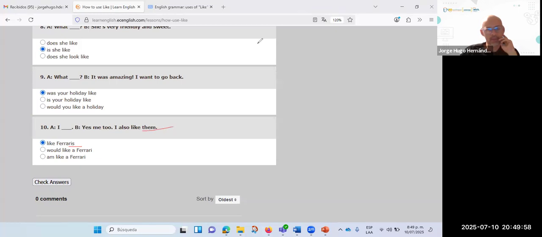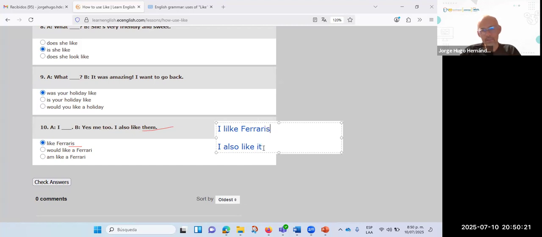We say them. If in the sentence we say, I like Ferrari, only one, the other sentence, I also like it, no? Remember, when it's only one thing, you replace that one thing with it.